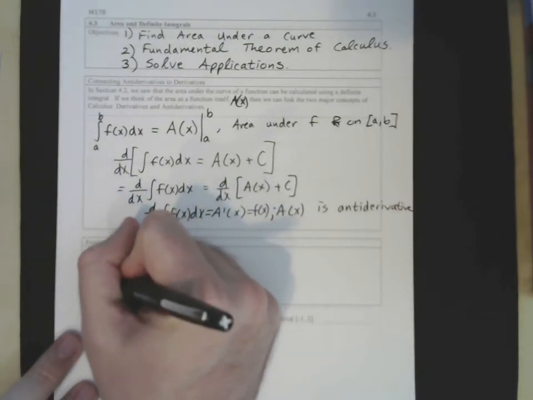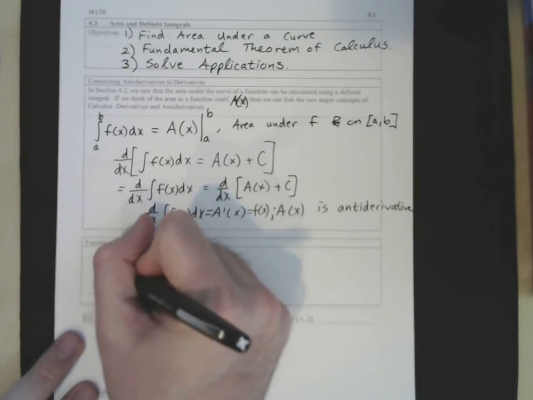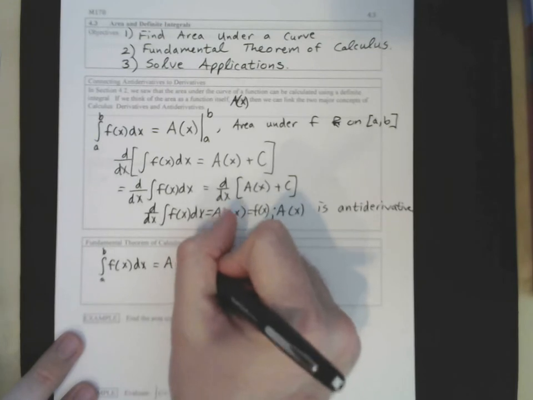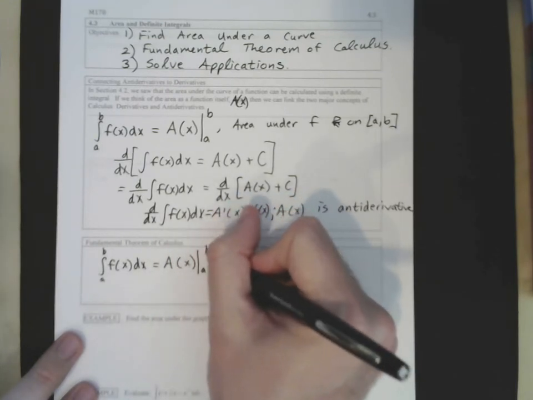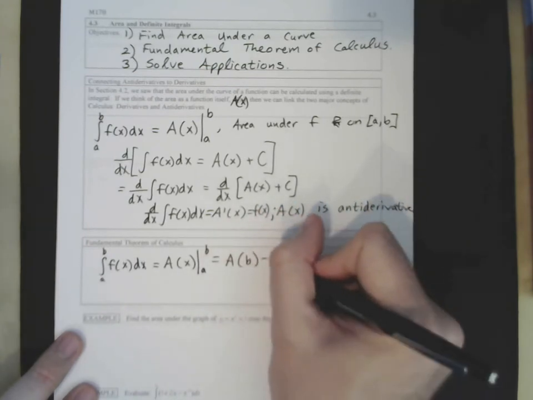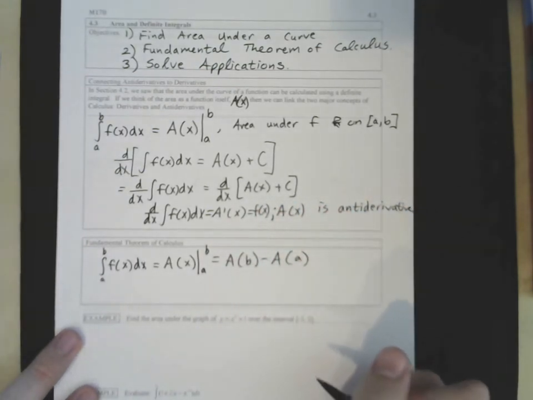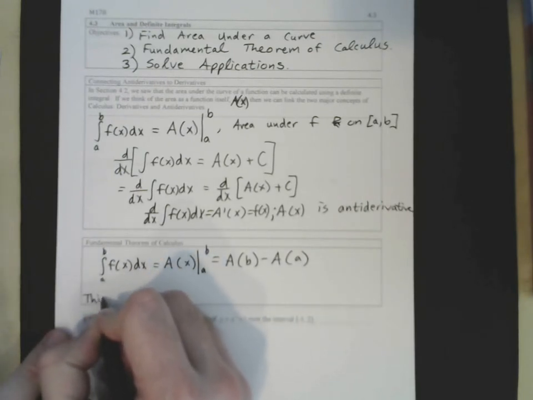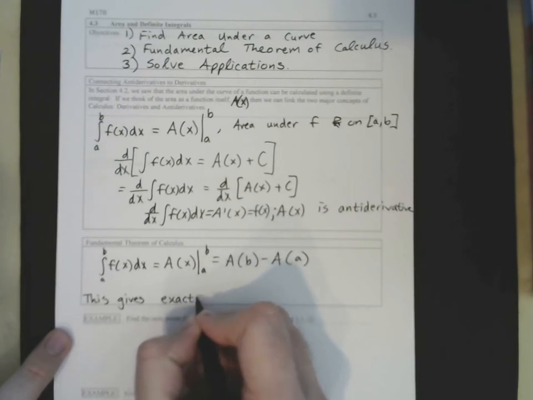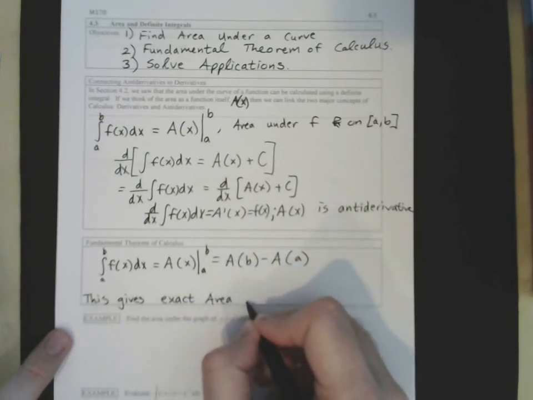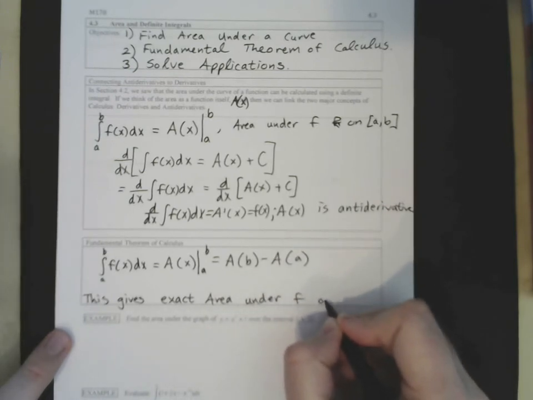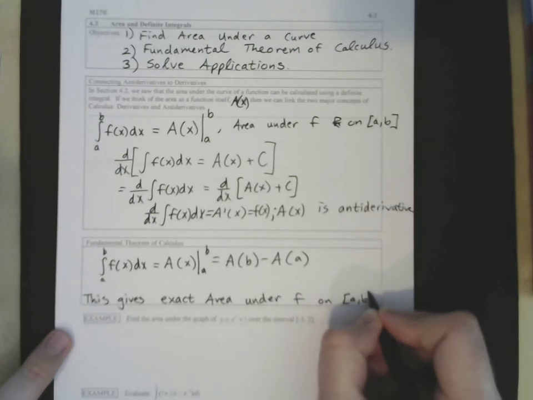It says the integral from a to b of f of x dx equals A of x evaluated from a to b, which is A of b minus A of a, and this gives the exact area under f on a to b.